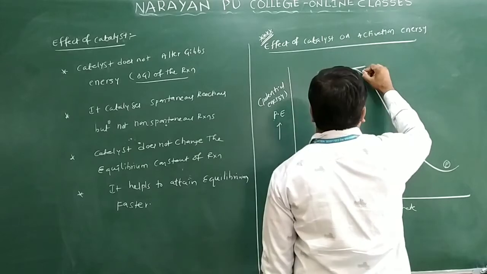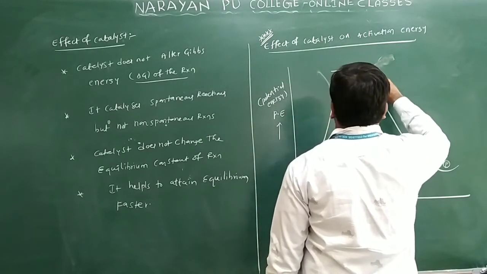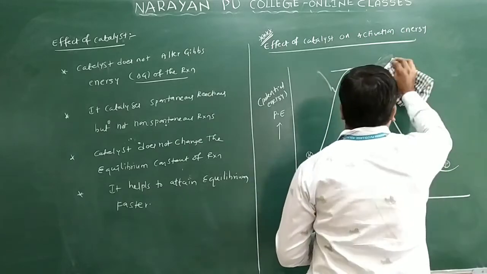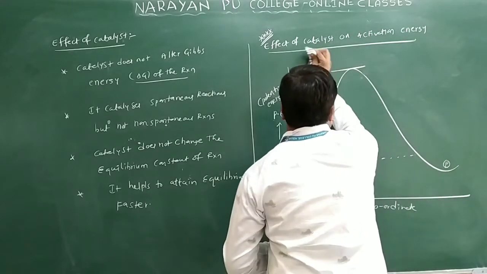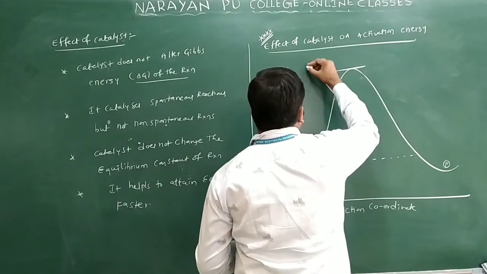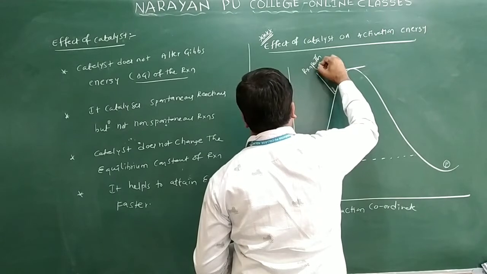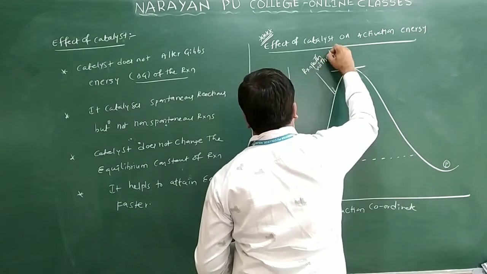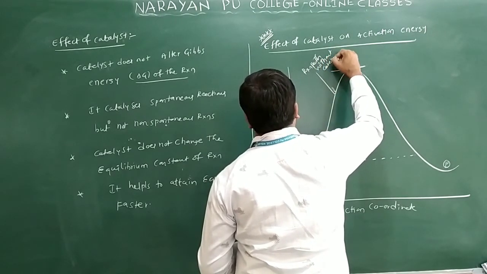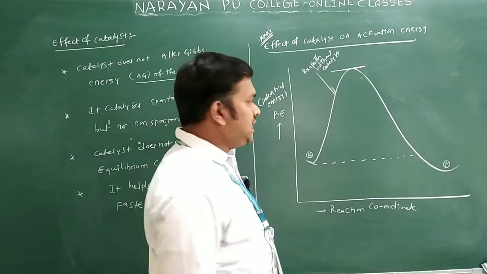This side, I will draw with catalyst. So this is the reaction path without catalyst. Now I want to add a catalyst.